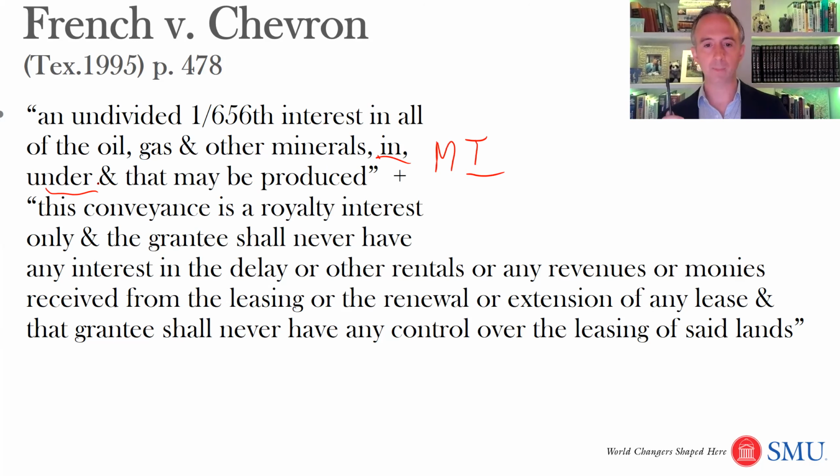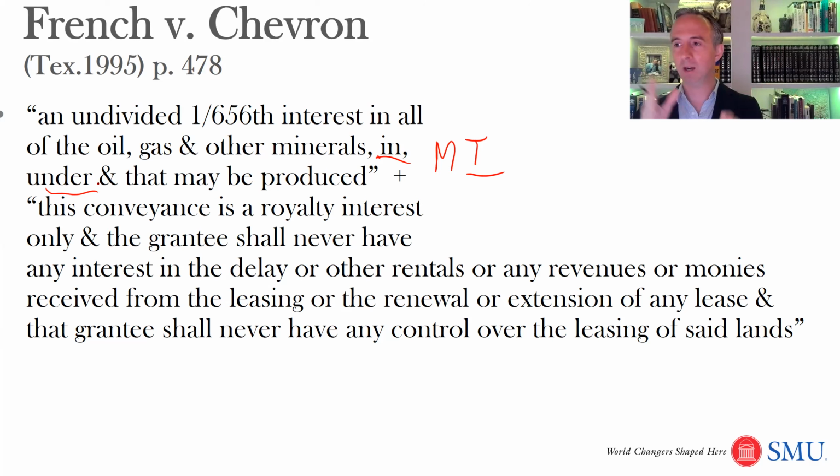Okay, here's the problem. This conveyance is a royalty interest only, and the grantee shall never have any interest in the delay or other rentals or any revenues or monies received from the leasing or the renewal or extension of any lease, and that grantee shall never have any control over the leasing of said lands. Confusing, right? Because if it was a 1/656th mineral interest, that would come with the right to lease 1/656th of the property.